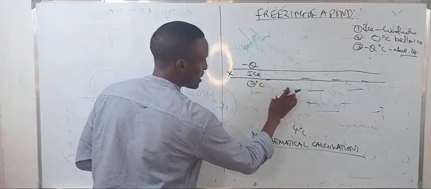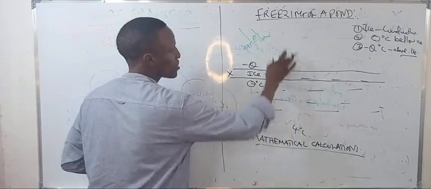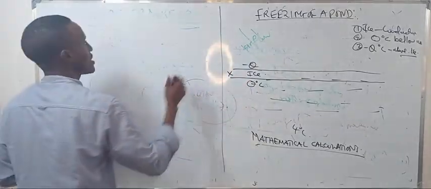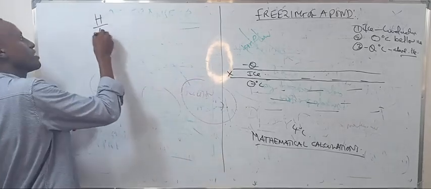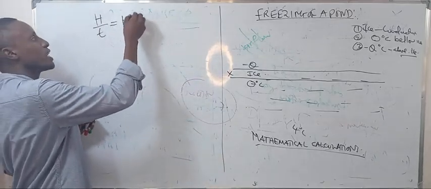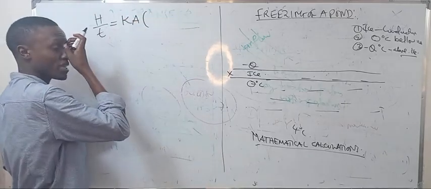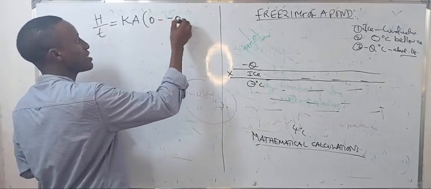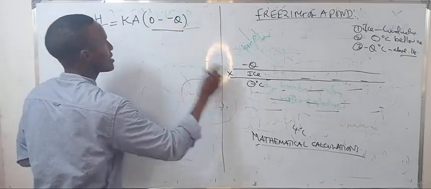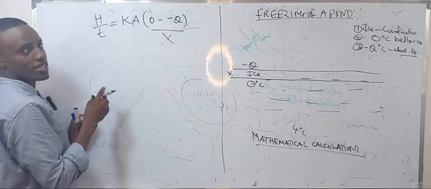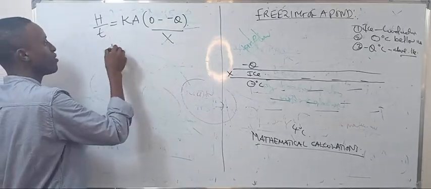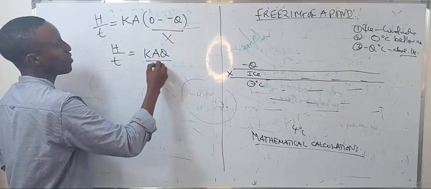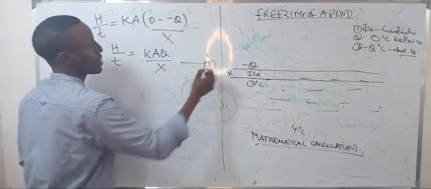Heat flows from 4 to 0 to negative, because heat always flows from hot to cold. So the heat flowing per time is equal to K A times the temperature difference, which is 0 minus negative theta, which is theta, over X. That we take as equation 1.